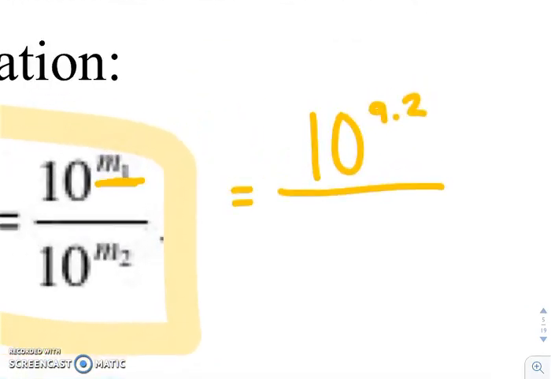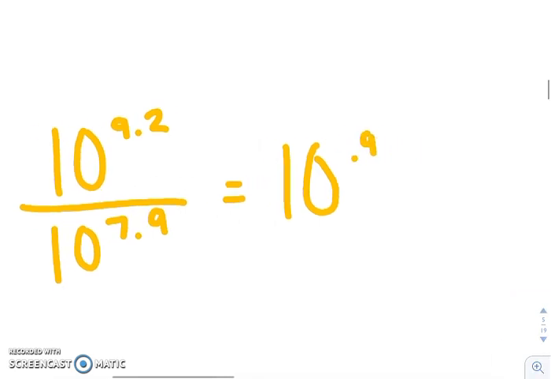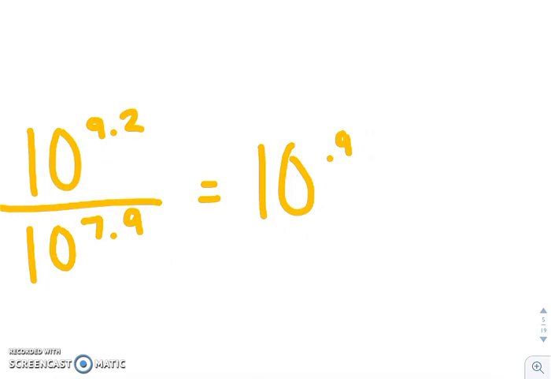So 10 to the power of 7.9. So since they both had that base of 10, we're just going to subtract those powers and get 10 to the 0.9 power, or 9/10 power.